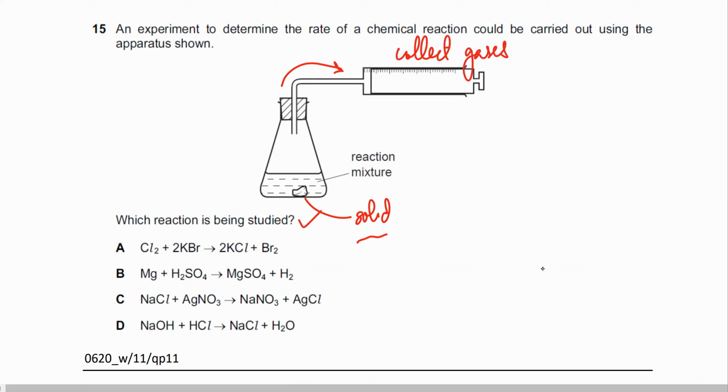So which experiment has a gas? That's basically option B. In this reaction, there's a gas being produced. In the others, there is no gas. H2, I hope everyone knows hydrogen is a gas. So the gas particles would enter the measuring syringe. And the solid is this metal over here. Magnesium is a metal, so that's your solid.